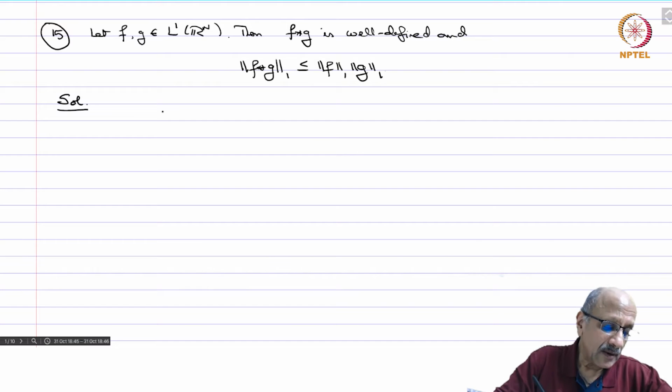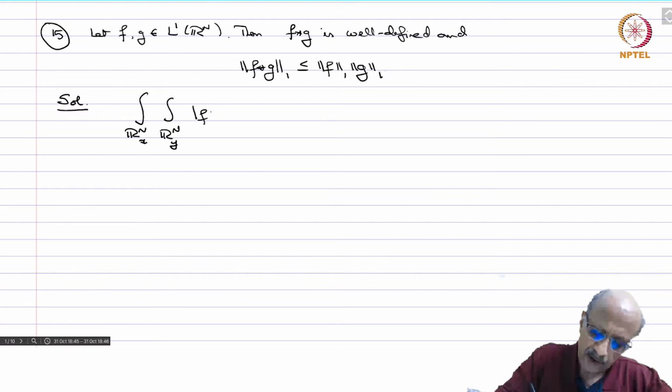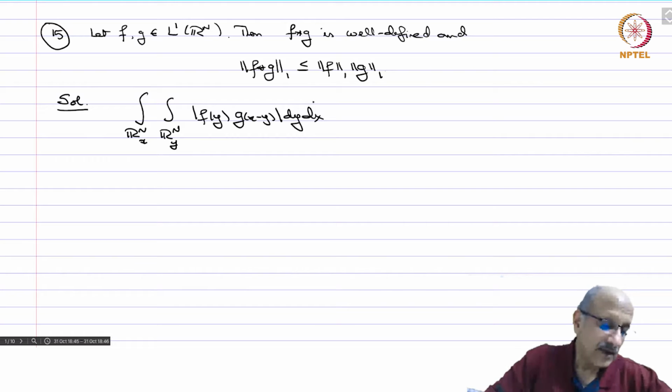So we look at the following integral over R^n with respect to x, integral over R^n with respect to y, mod f(y) g(x minus y) dy dx. Again, everything is non-negative in the integrand, so you can interchange the order of integration.